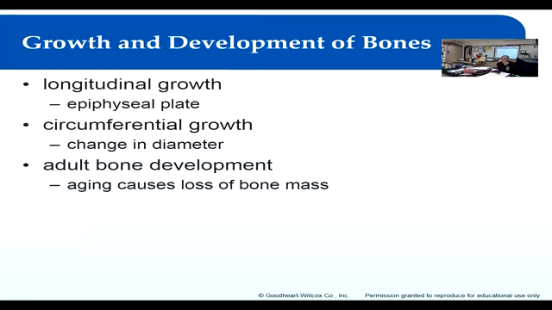And then adult bone development says aging causes a loss of bone mass, and that's true. All those pores that are in the trabecular bone actually widen and it becomes even more porous. Even more so, we see bone loss in women than we do men. It has to do with hormones because estrogen plays a factor in how dense women's bones are.